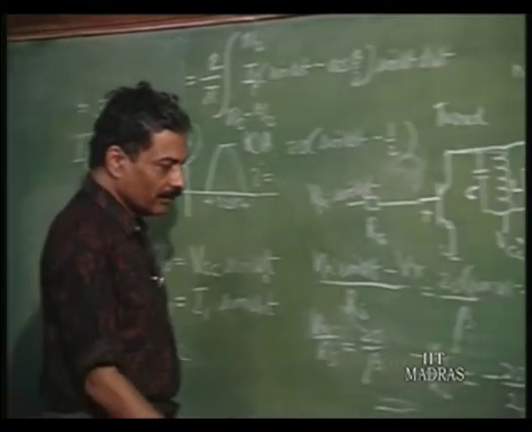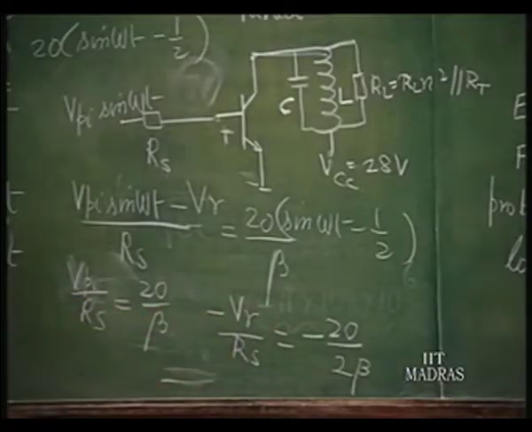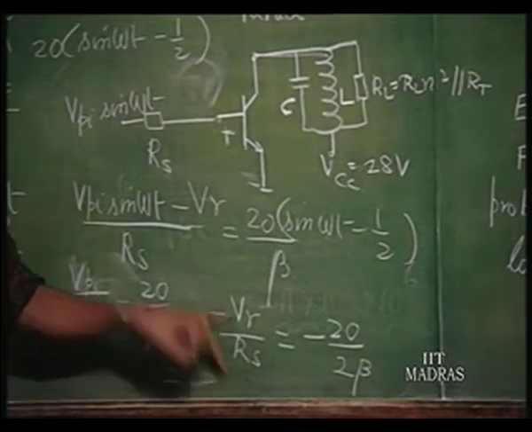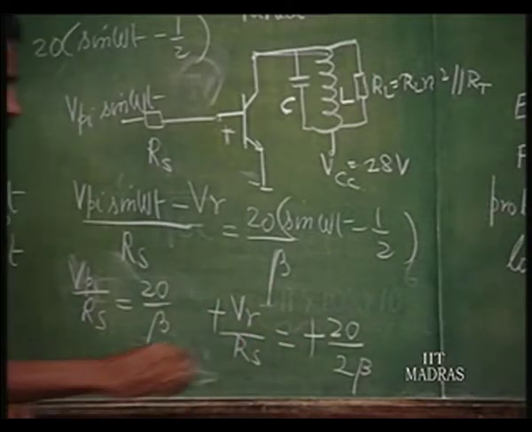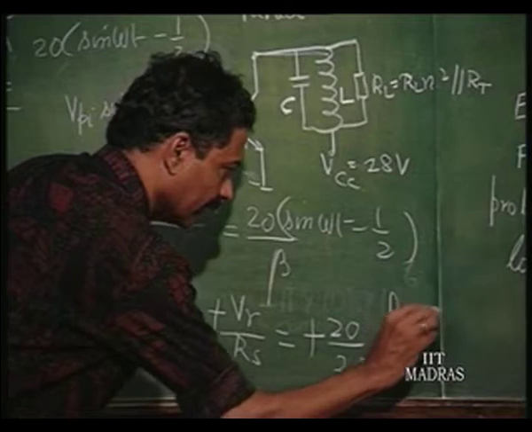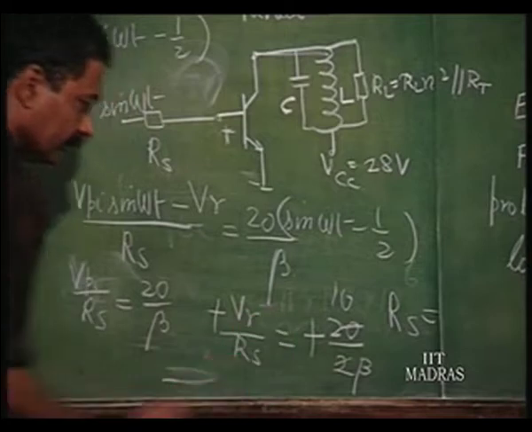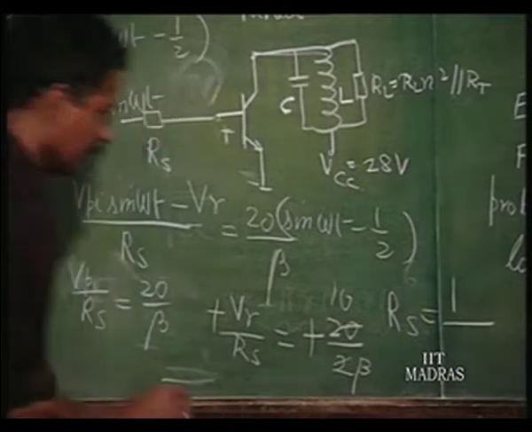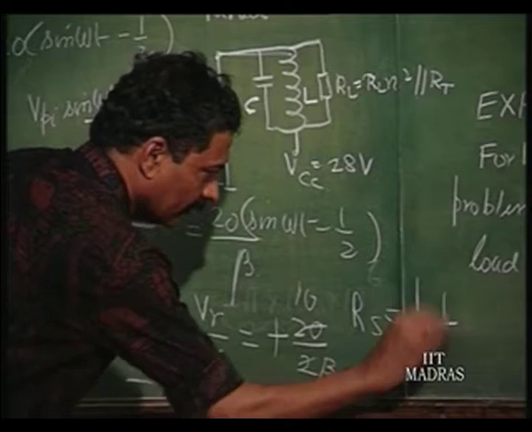So, if V gamma and beta are known, let us say V gamma we have taken as 1 volt, R_S we can fix up as V gamma, that is 1 volt, divided by 10 into beta.